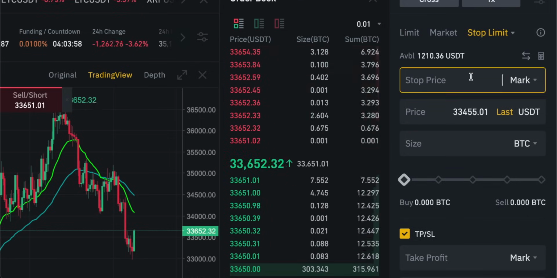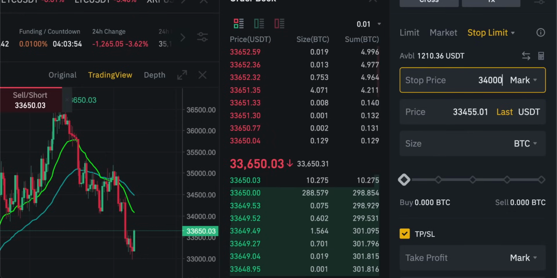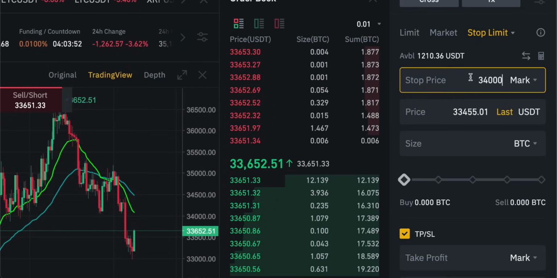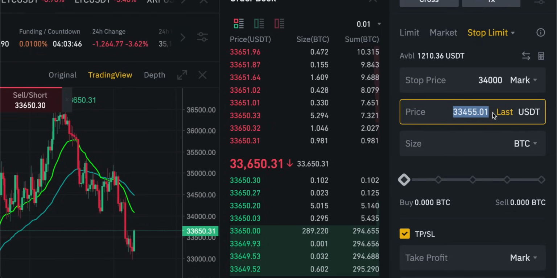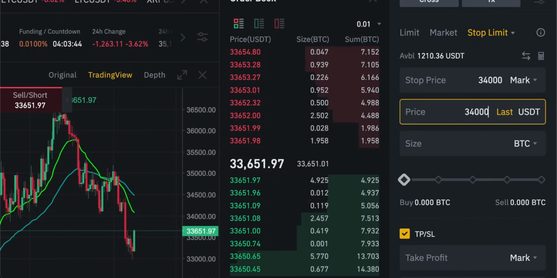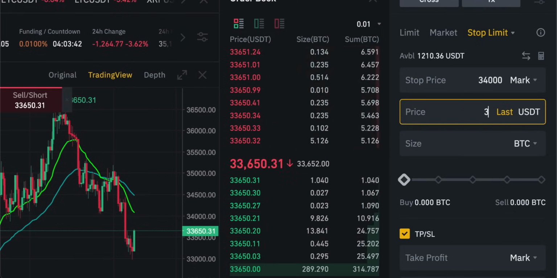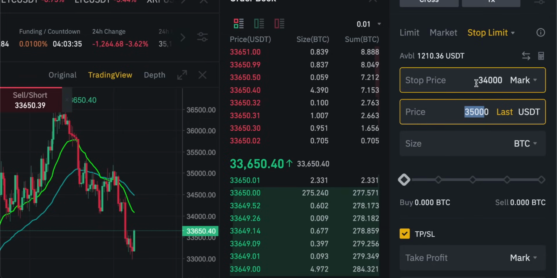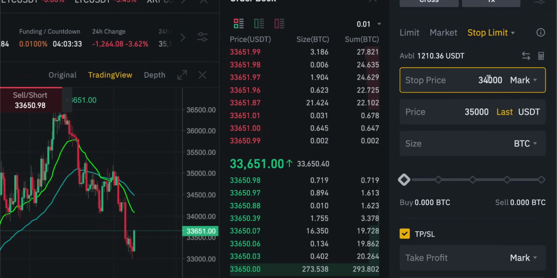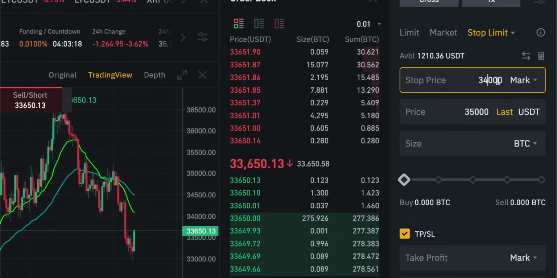With a stop limit, that isn't the case. You can tell the system only when the price hits 34,000, do I want to enter an order into the system? What price is that? You can actually choose whatever you want. You can choose exactly the same as the mark price. You can actually enter an order above. Remember, this is a limit order. So again, if your limit order is 35 and the stop price is 34, what happens is the system says, hey, the price is 34.